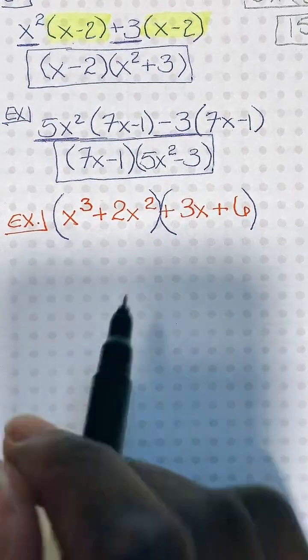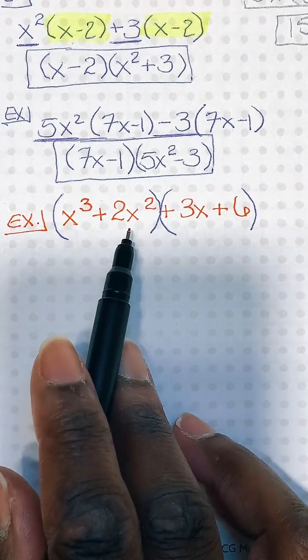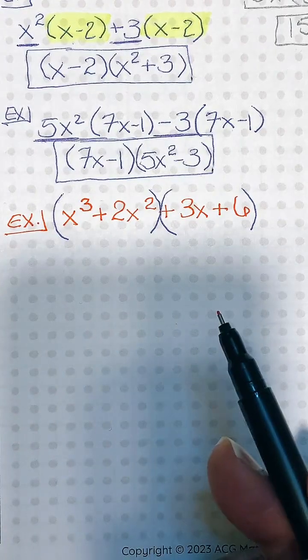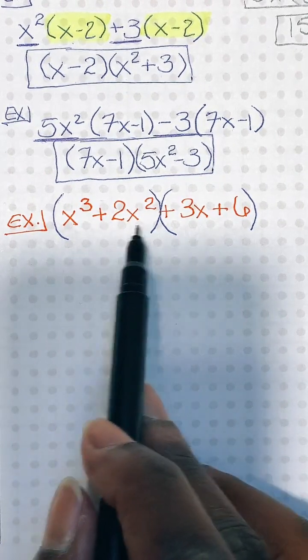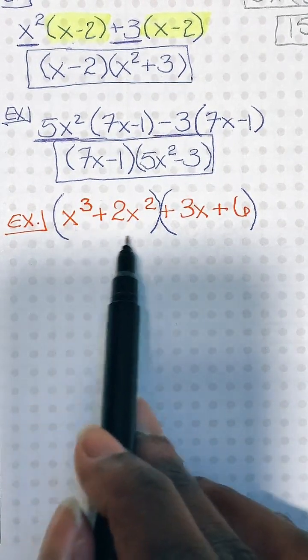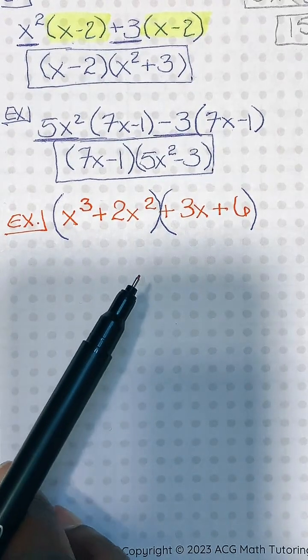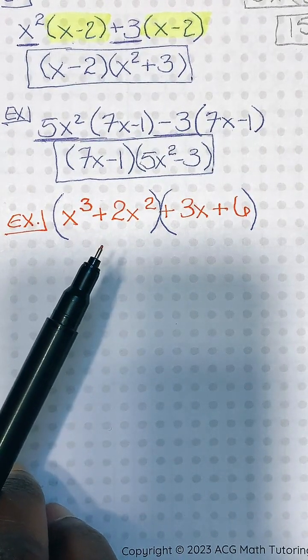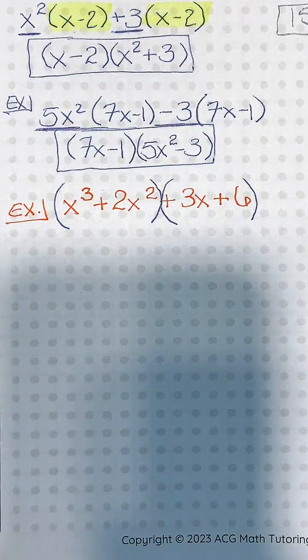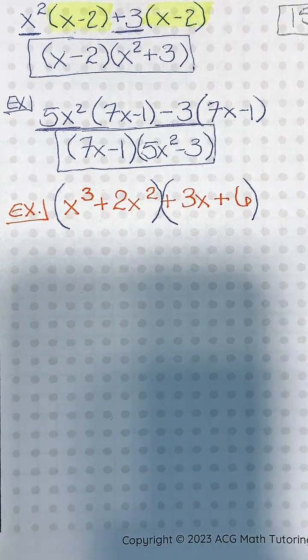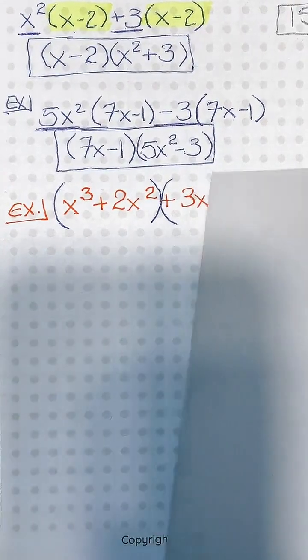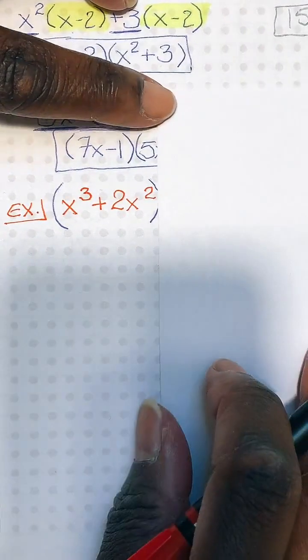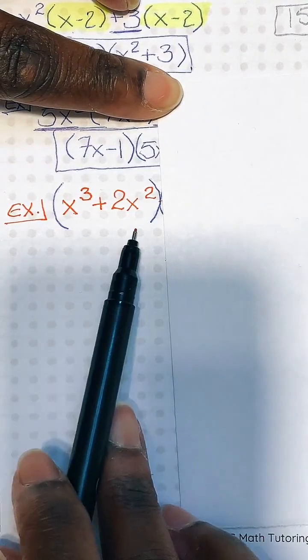Grouping. So the reason why I had us do the GCF first, and also as a reminder, because that's what you're going to do for each of these parentheses. You're going to find the GCF of each of the parentheses. So this is what I'm going to do. And this is what I love, and I always suggest this to a lot of my students, that when you have problems like this, you always want to cover up one side so you can focus your attention on one of the parentheses.